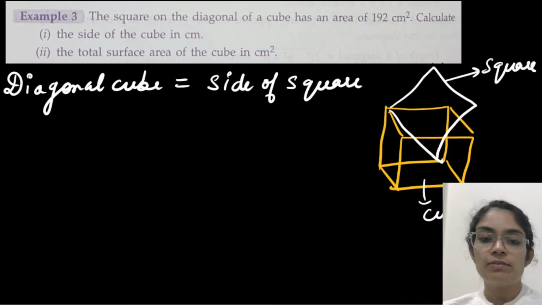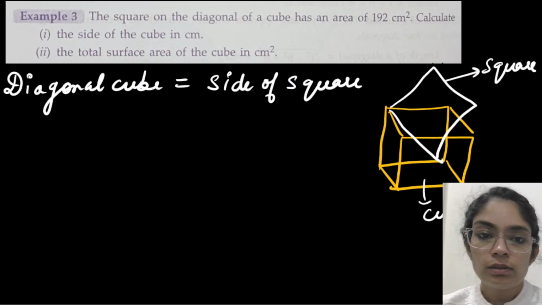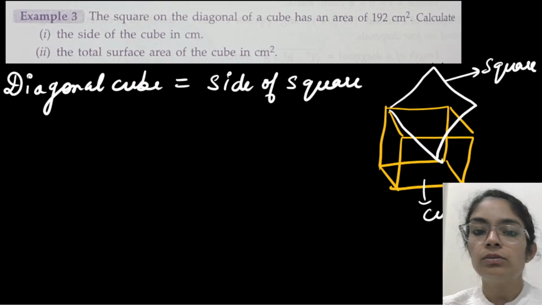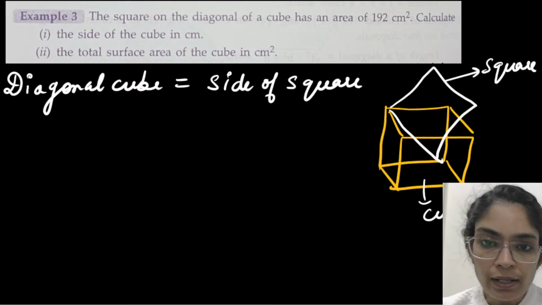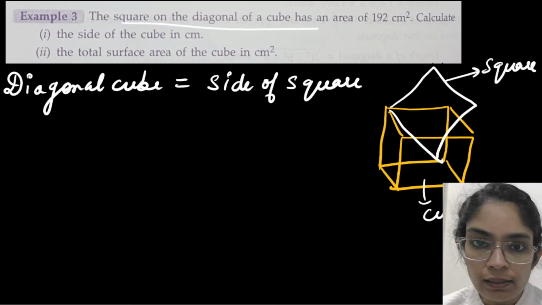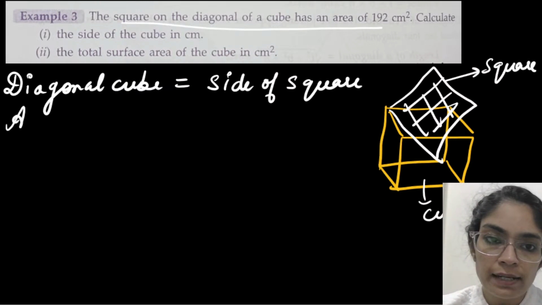Yes, a similar question we have done in class also. So the diagonal of the cube is equal to the side of the square. Now, area is given to us. The square on the diagonal, its area is given to us. So I'll just write here.